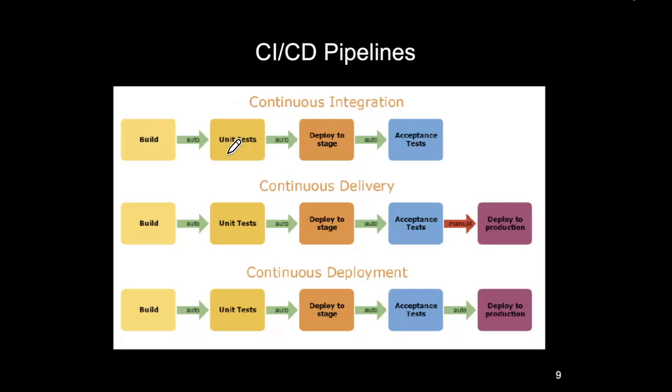So these tests here are only focused on, if you like, the new code that was added to the application. Because there isn't much point in following on this pipeline if the new feature and or bug fix that has been added to the code base is causing problems. But if all of these unit tests pass, then we move on to deploying the application to our staging environment.